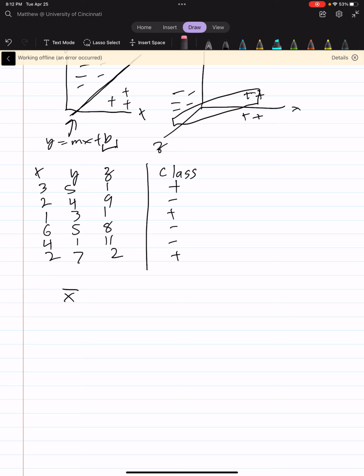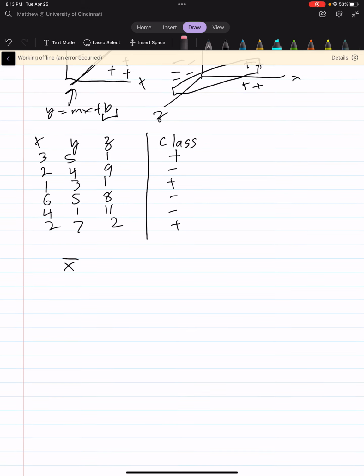So in order to have this b, we have to add a weight, and because it's a constant, we're just going to add 1. So we copy over our setup, 3, 5, 1, and then we add this 1 column, because this is representative of our constant.